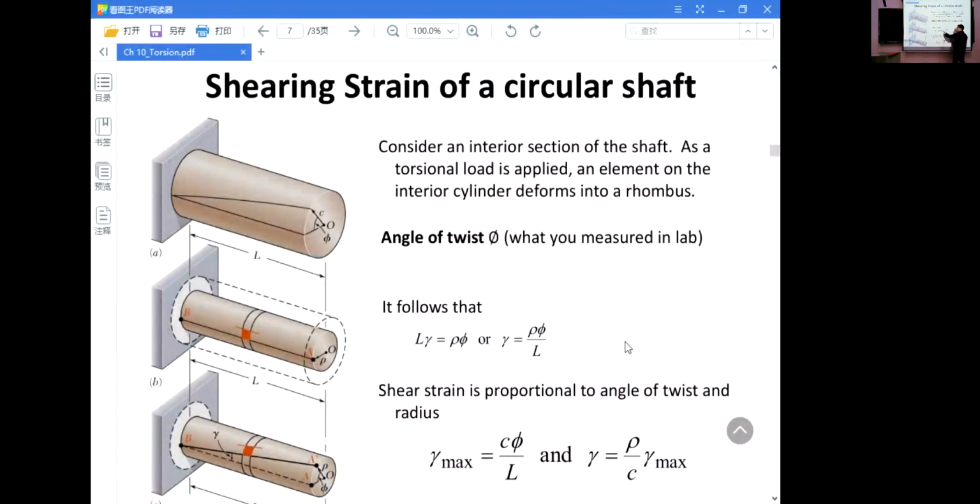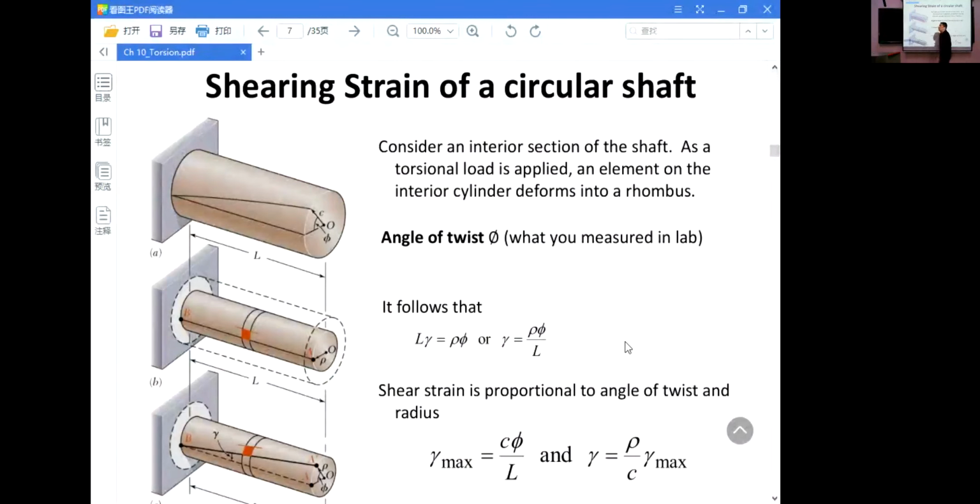It means gamma is rho phi over L. Rho phi is the length of this side, and gamma L is also the length of the side.